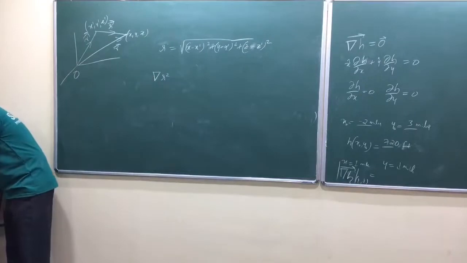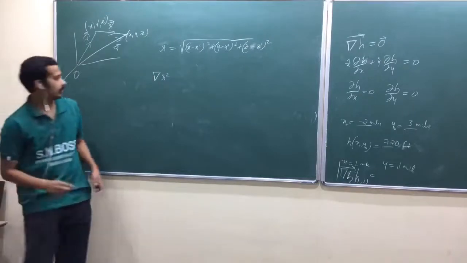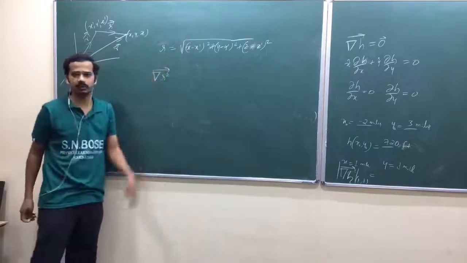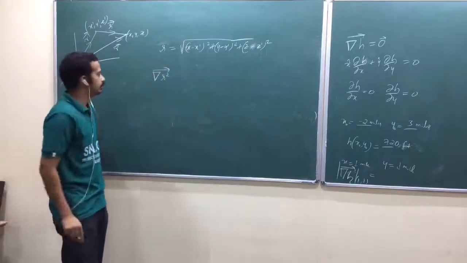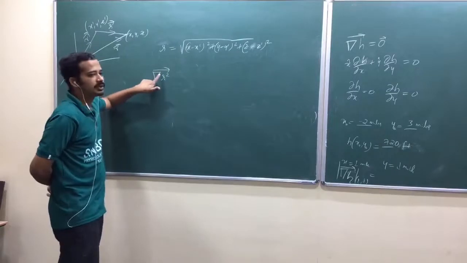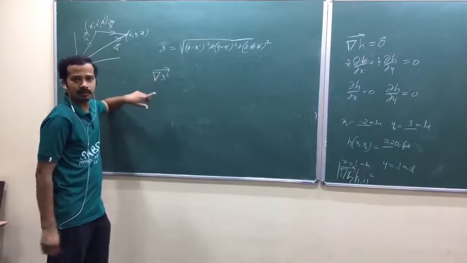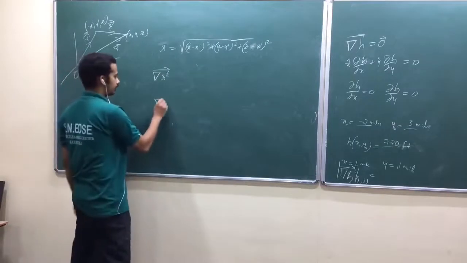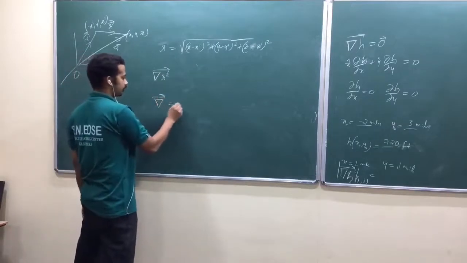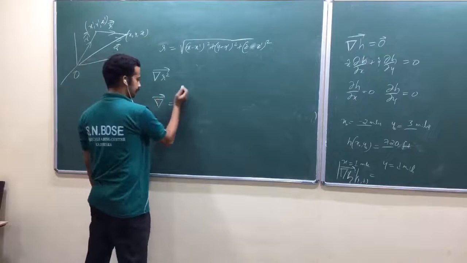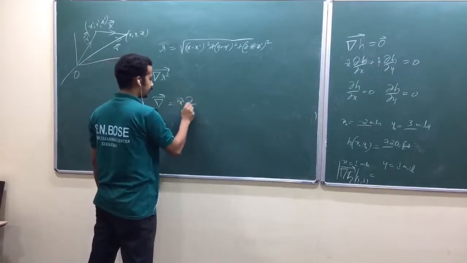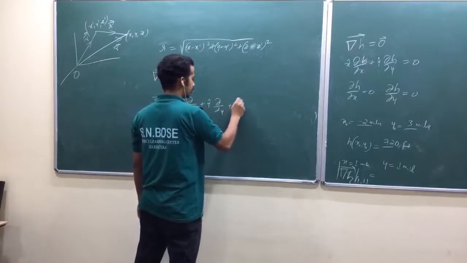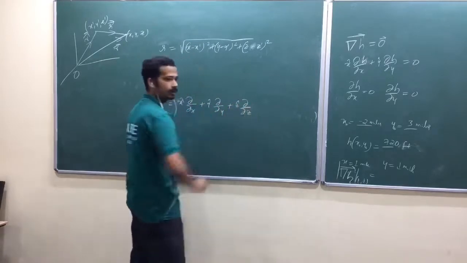If I write it like this, so del of r squared, obviously r squared is just taking off the root, isn't it? Now I haven't mentioned any prime here. That's why you have to take the derivative with respect to the unprimed one. That means my del operator is x cap dou by dou x plus y cap dou by dou y plus z cap dou by dou z.